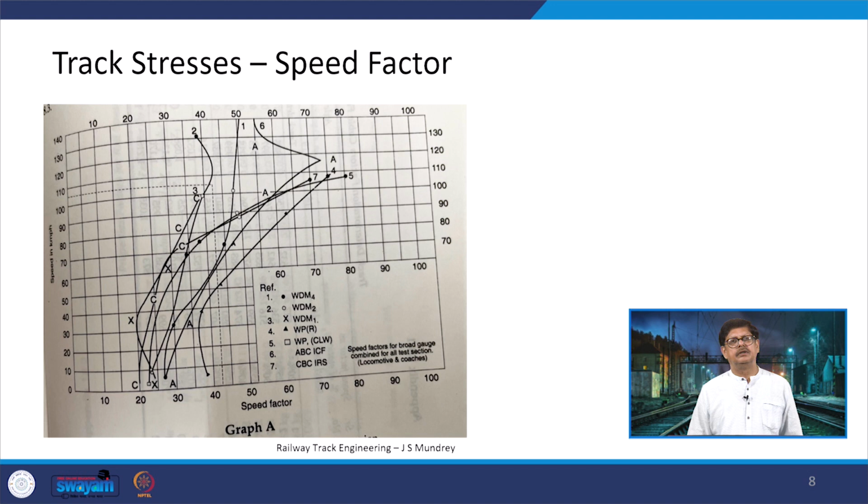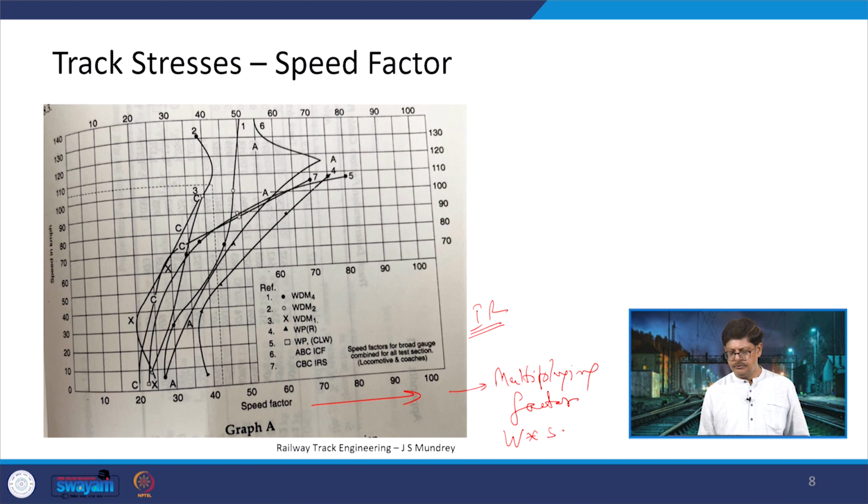So, on the basis of all of these formulae, and on the basis of the various tests and research being done, the Indian Railways have these types of graphs wherein you can see that the speed factor has been plotted as 10, 20, 30, 40 going up to 100. When we say this is the speed factor, it is a multiplying factor for the static load. So, if the static load is W, then it is W into the speed factor.